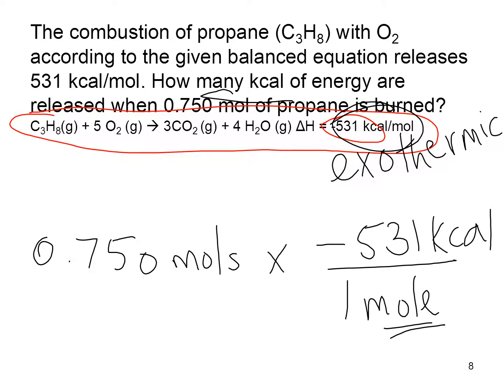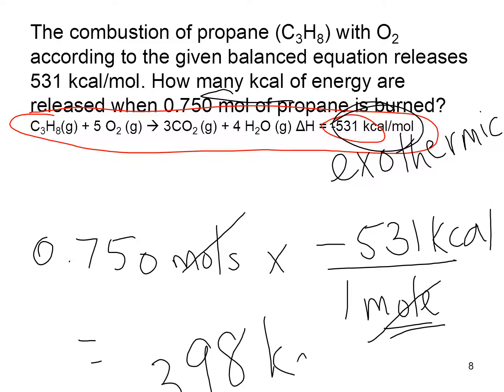So I use that 531. Mole gets canceled, and I can do the math, and I get an answer of 398 kilocalories of energy if you did this right, and you'll get a negative sign which indicates the energy is released.